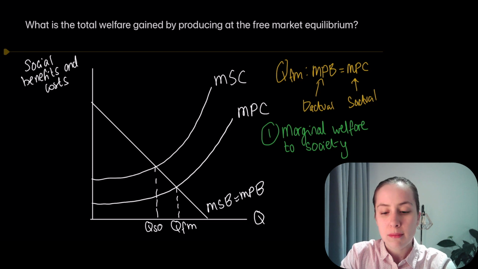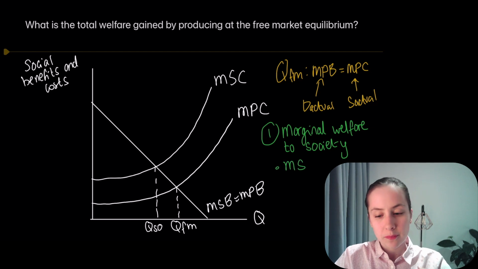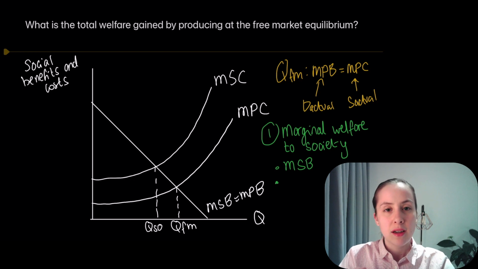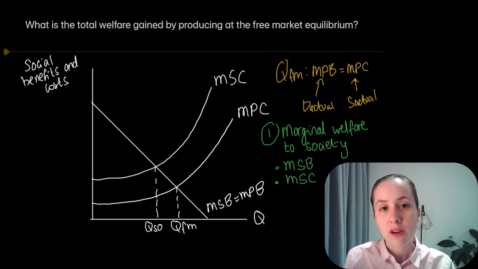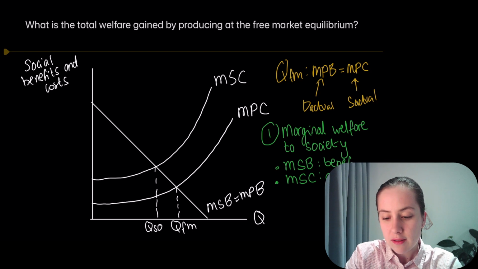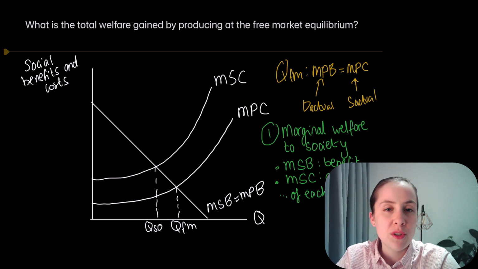And we want to compare these for each unit. So we want to look at the MSB, how many benefits has each unit added. And we want to look at the MSC, which means how much has each unit cost society. So this is the cost, this is the benefit of each unit. And we just want to compare them.